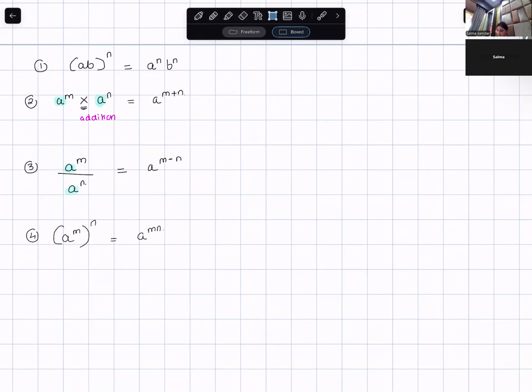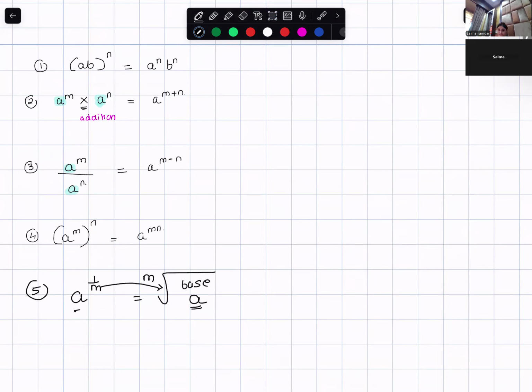Let's do the next law of indices, the fifth one. I have a raised to 1 upon m. Whenever it is 1 upon something, it will be converted into a root. The base would go inside the root, so the base would be a, and the 1 over m, 1 over anything is the root, so m would come over here.